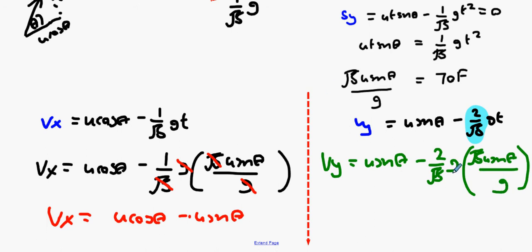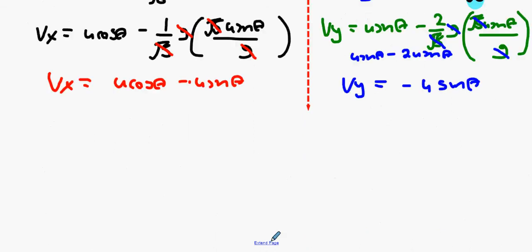The root 5's cancel. The g's cancel. It's actually u sine theta take away 2u sine theta, which is a guaranteed negative, minus u sine theta. Now we know what Vx and Vy are.